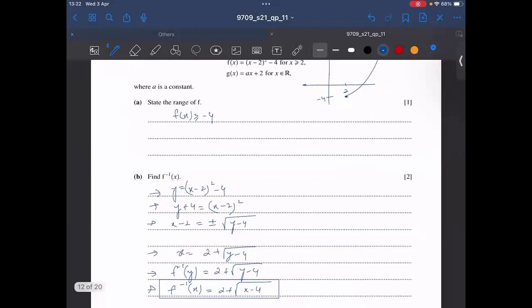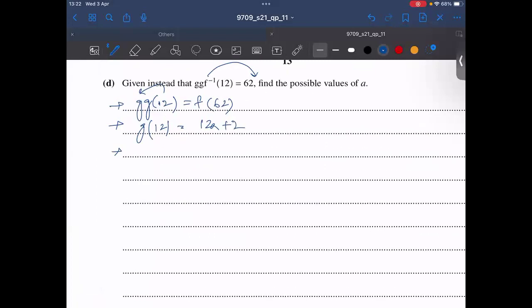First of all, I have moved f inverse to the other side. It's going to become f of 62. On the left, you will be left with g of 12. So now I've calculated g of 12, which is coming out to be 12A plus 2. Now I'm going to substitute g of 12 into g.